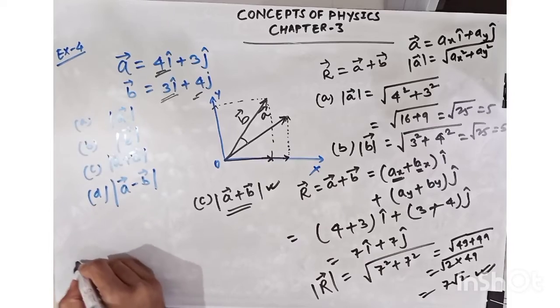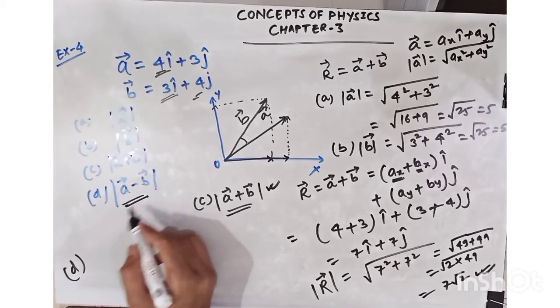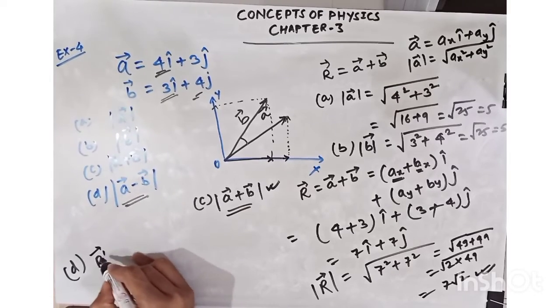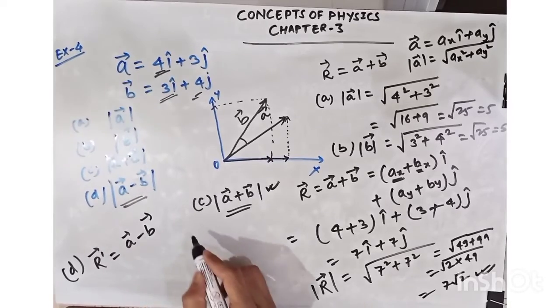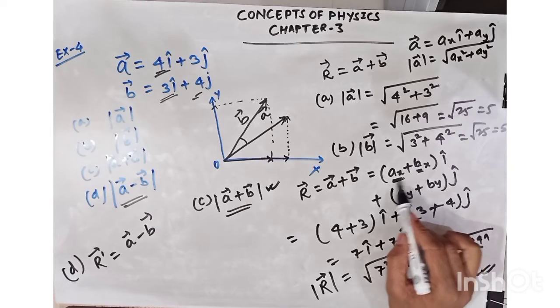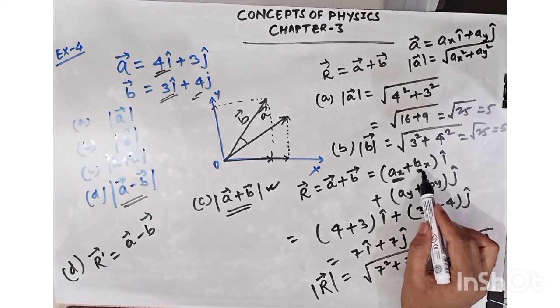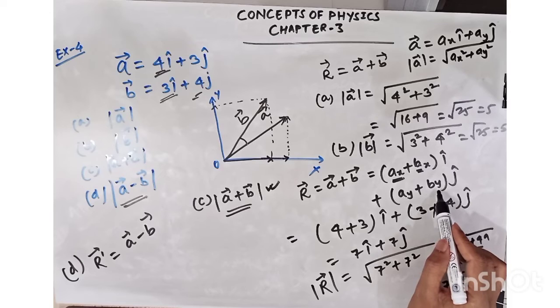Now let us find the D part. So for A minus B, okay, let me call it R dash. So how can we do that? So here we added the x component with the corresponding x component of the second vector, and also we added the y component of the first vector with the y component of the second vector.